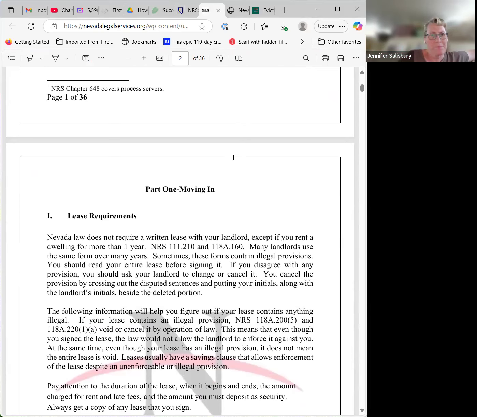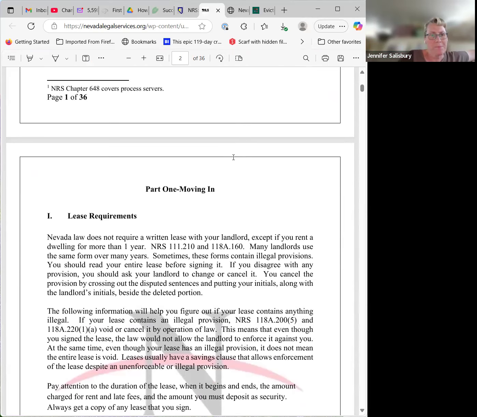This is unique to Nevada. I've not seen this anywhere else. So if you have a written lease that doesn't involve the following items, or it's verbal, then they presume that there are no restrictions in occupancy by children or pets, that maintenance and waste removal are provided without charge to the tenant, no charges to the tenant for partial or late payments, so no late fees at all, or for dishonored checks.